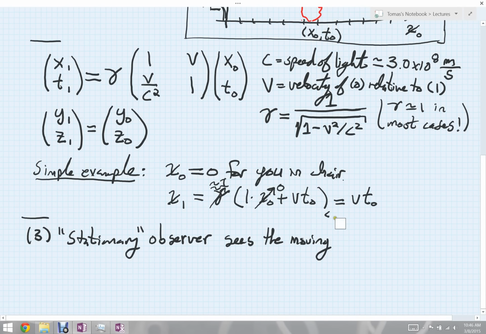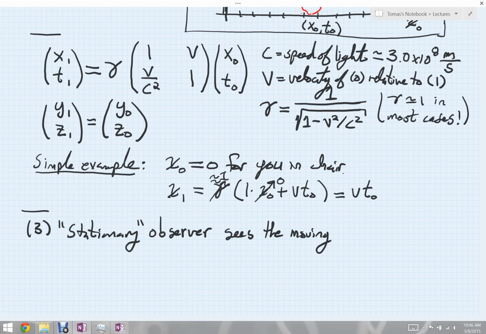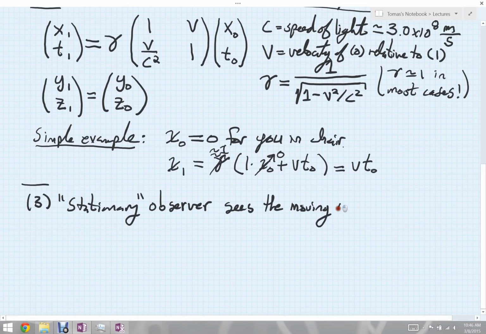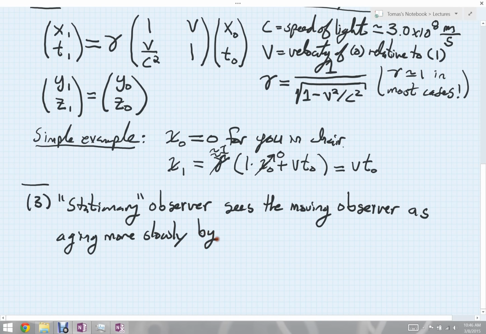The stationary observer sees the moving observer as actually aging more slowly, by a certain factor. And we can see from the transformation what that factor is.